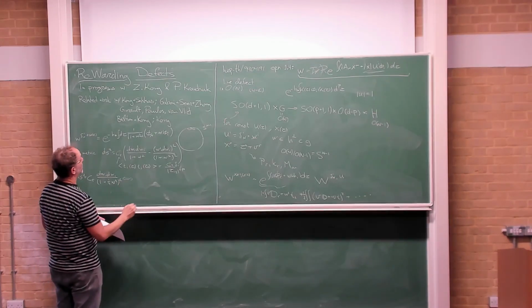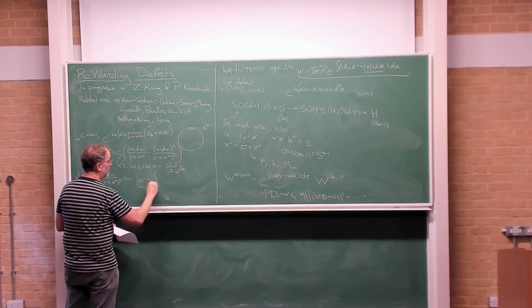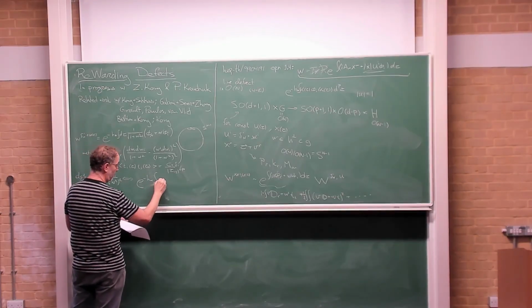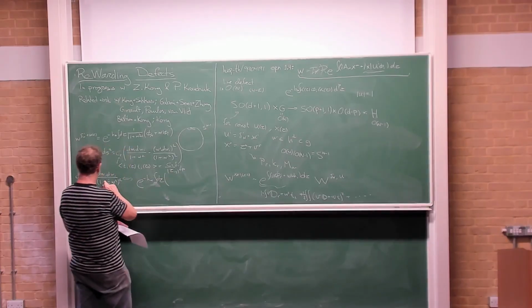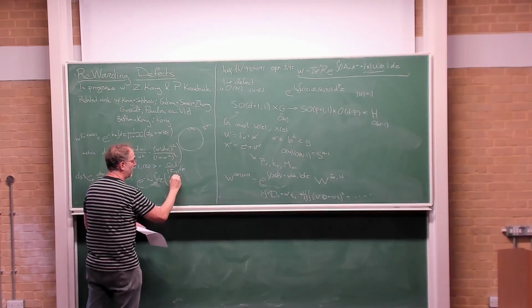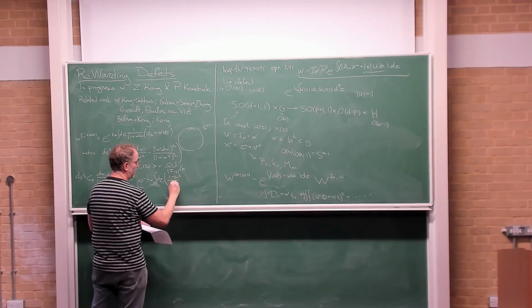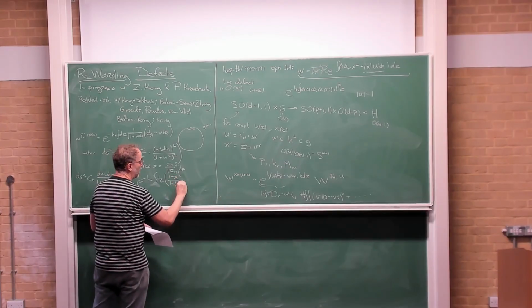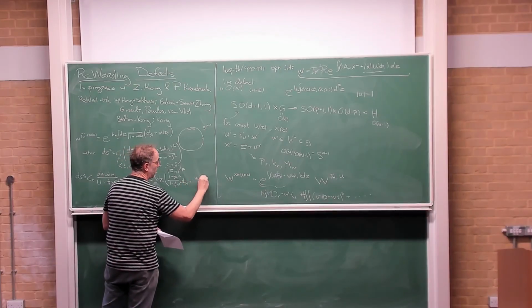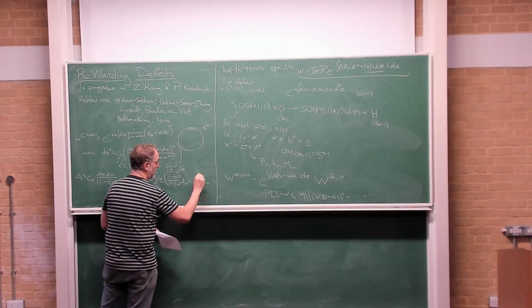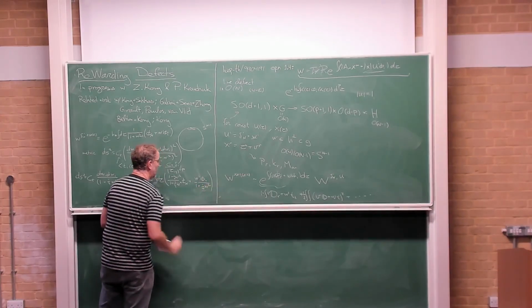This you can relate to e to the minus h star integral d tau, 1 minus 1/4 w squared over 1 plus 1/4 w squared phi n plus wi phi I over 1 plus 1/4 w squared.